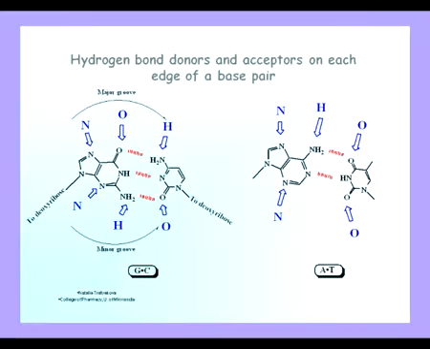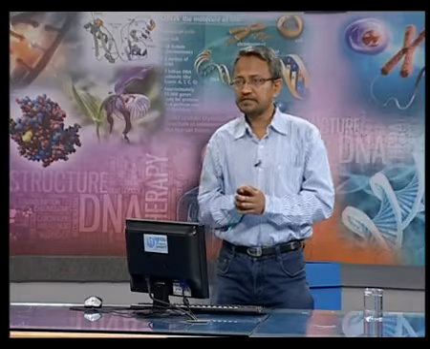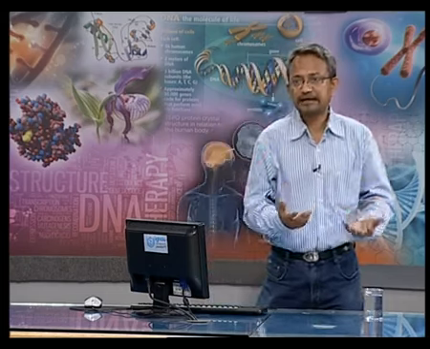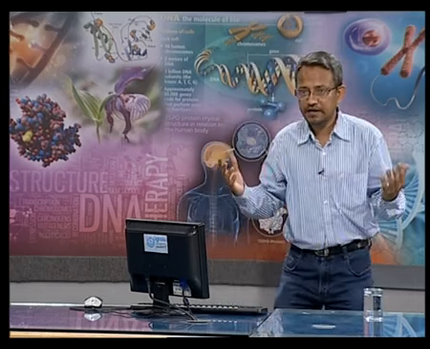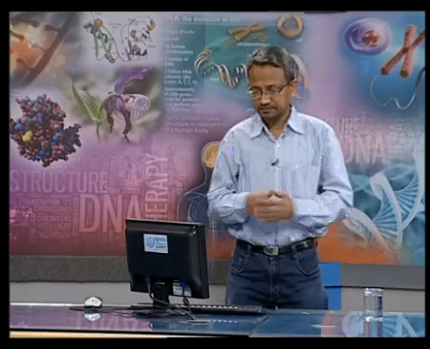Now G basically recognizes C by forming a hydrogen bond. A hydrogen bond is a chemical bond. It is a non-covalent bond. It's very cost effective. What nature does all the time is use bonds which are very easy to break and easy to create, so that you don't need to spend a huge amount of energy either to create something or destroy something.